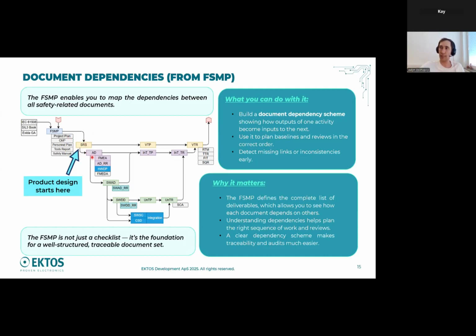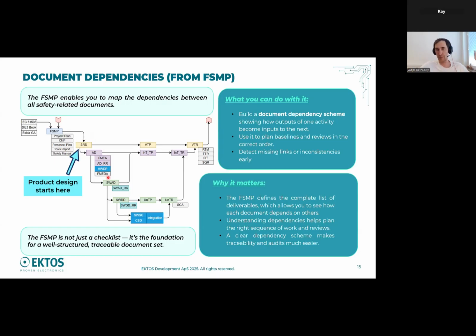Based on the requirement specification, we create the architecture design. During architecture design, we do failure mode and effects analysis, and if you have a hardware package, we can do failure mode, effect and diagnostic analysis. This covers the effects and takes into account what the diagnostic is.